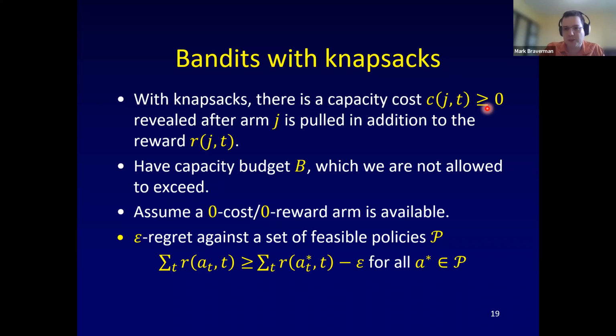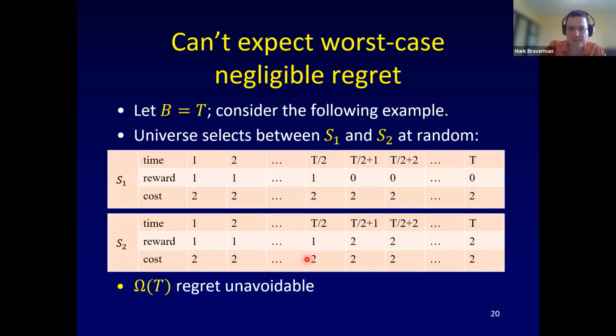And when your knapsack is full, you're no longer allowed to open any drawers. We assume that you always have the option of a zero cost, zero reward arm. And now regret is against a set of feasible policies. So some policies might not be feasible because you exceed your weight capacity, but you want to do as well as possible over some set of feasible policies.